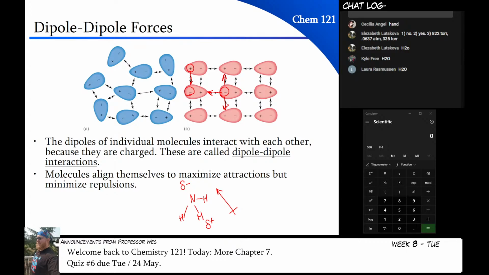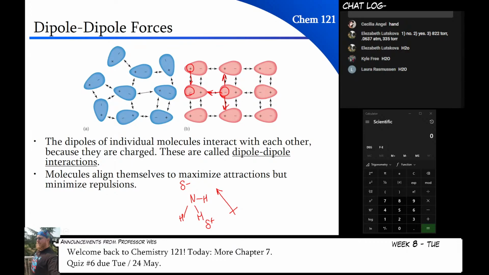On the right, I have a solid, so example B is a solid. Everything is regularly aligned. On the left would be more of an example of a liquid, where the molecules are loosely arranged, but they're still oriented in such a way that they are attracted to the opposite charge on neighboring molecules.